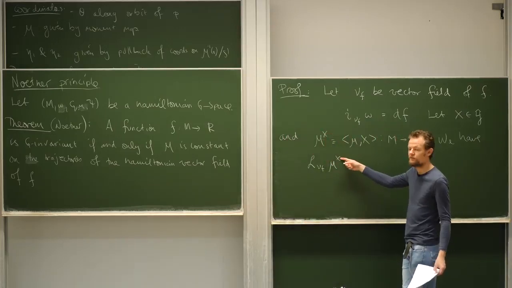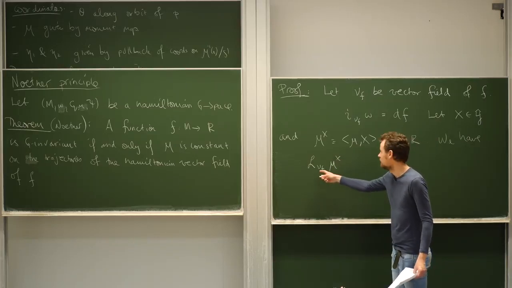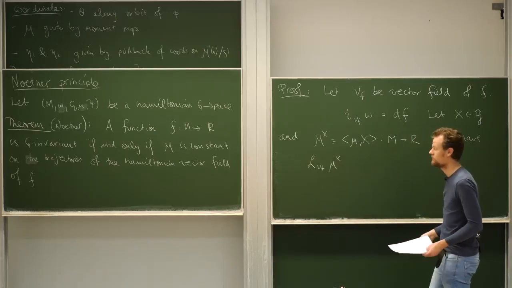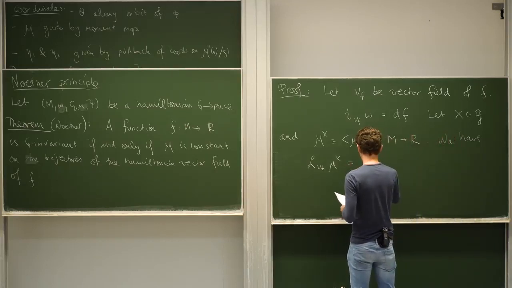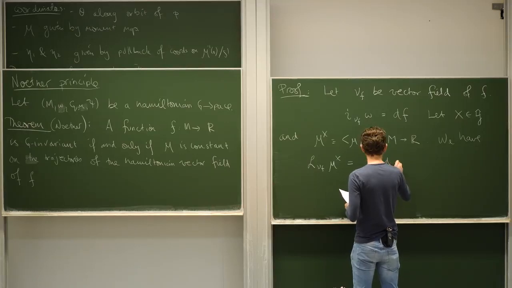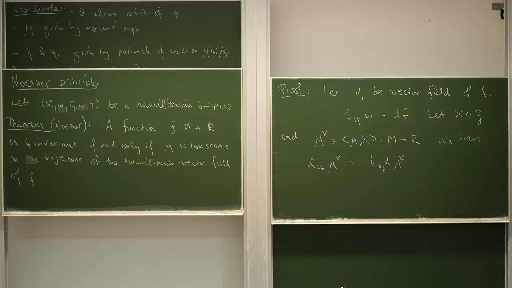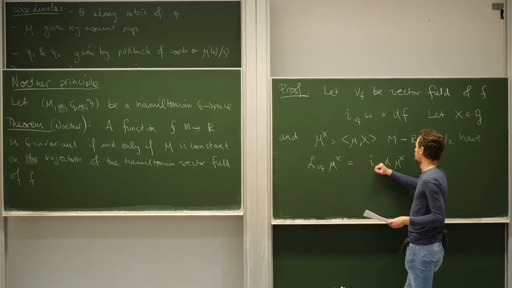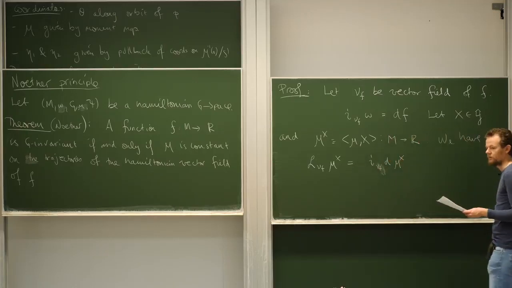So the change of this function is the same as looking at the Lie derivative of that function with respect to nu of F. It's the directional derivative of this function. And then we use the identity that we already know about for the Lie derivative of a function.